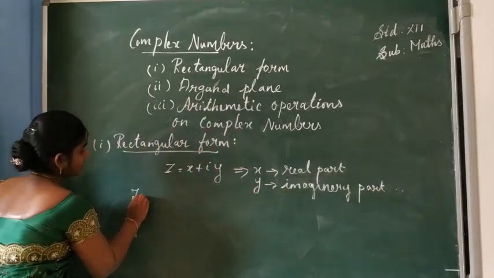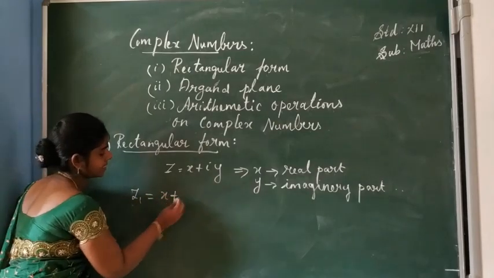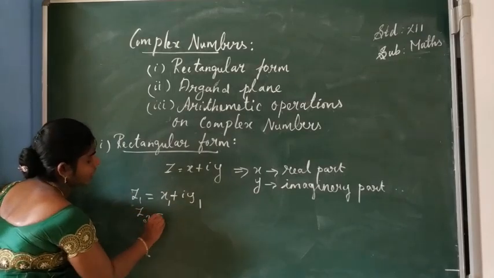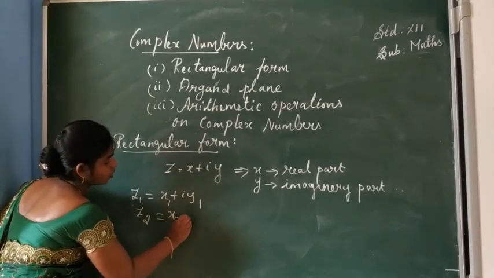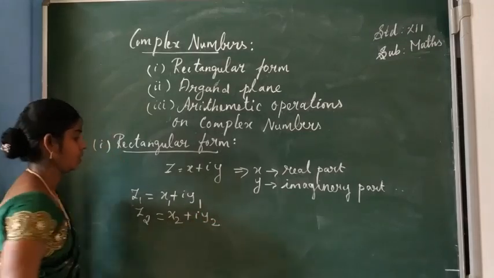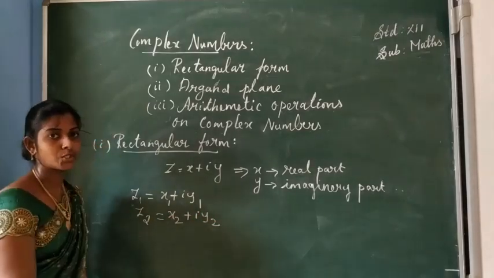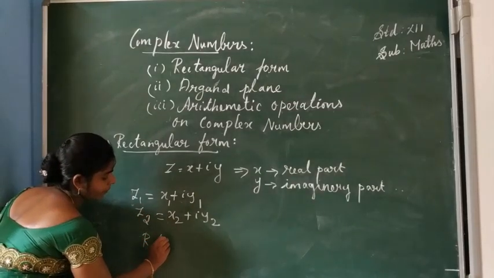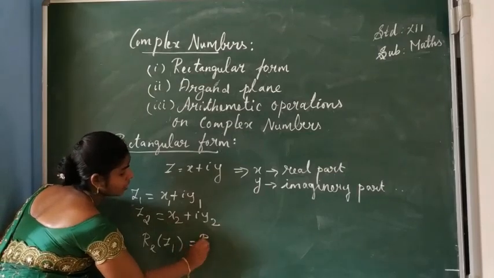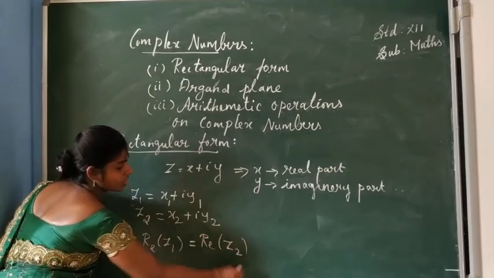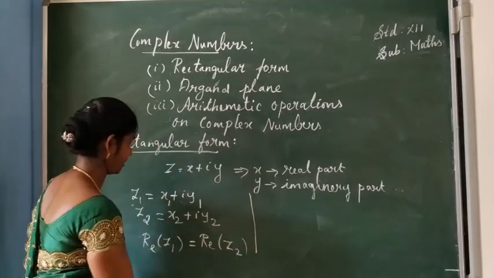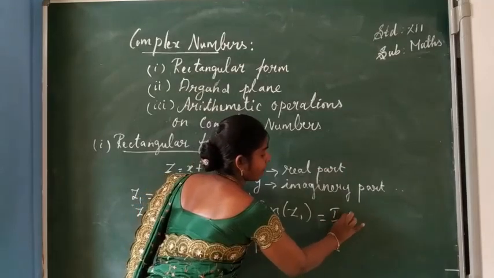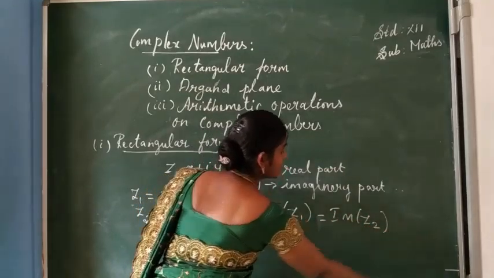So z1 equal to x1 plus iy1, z2 equal to x2 plus iy2. Both these values should be equal. So the real part of z1 is equal to real part of z2 and imaginary part of z1 is equal to imaginary part of z2.